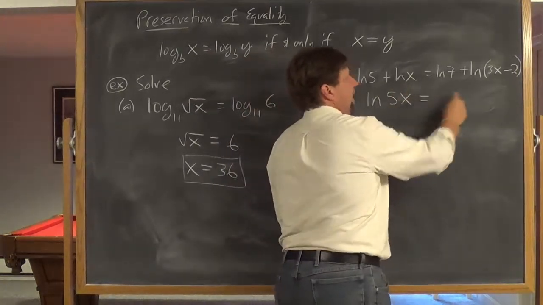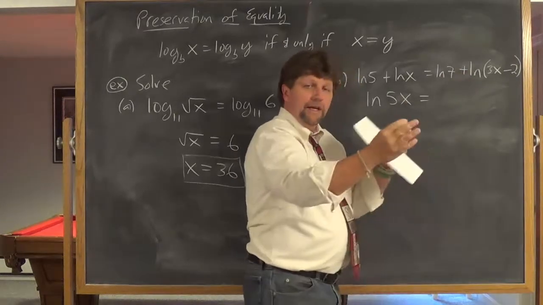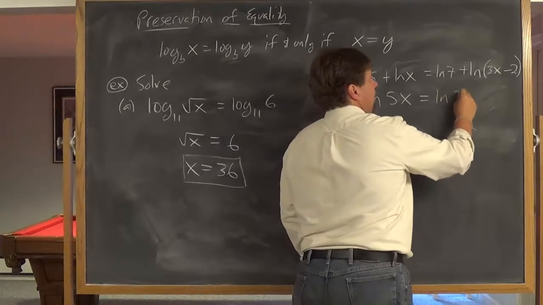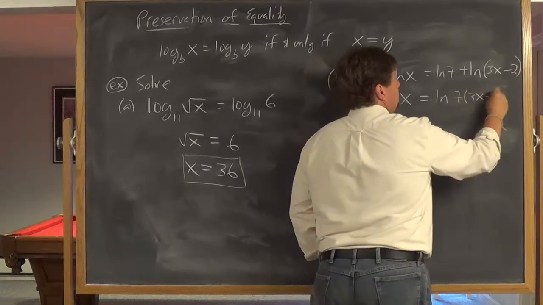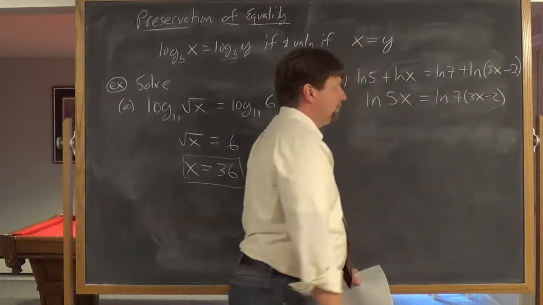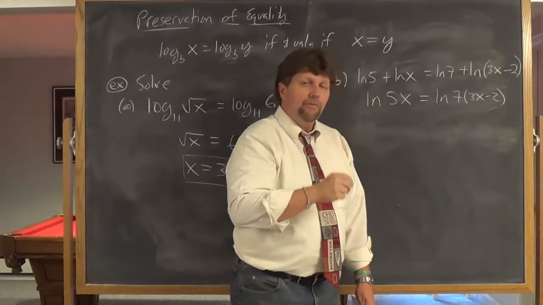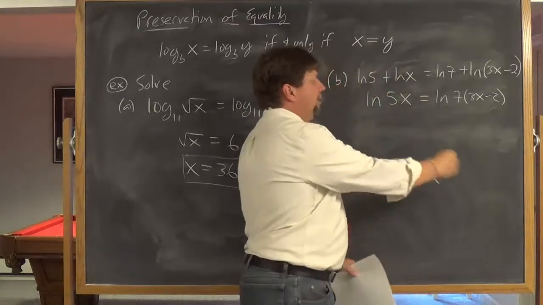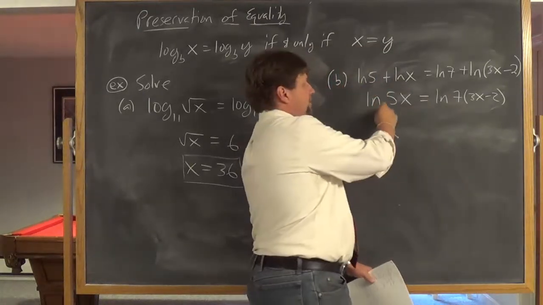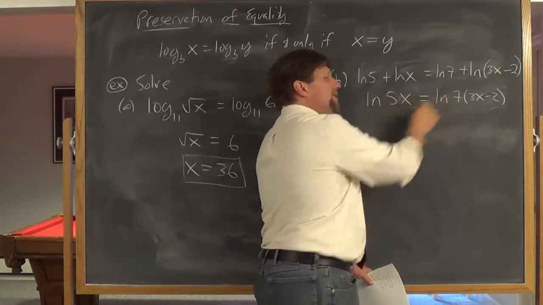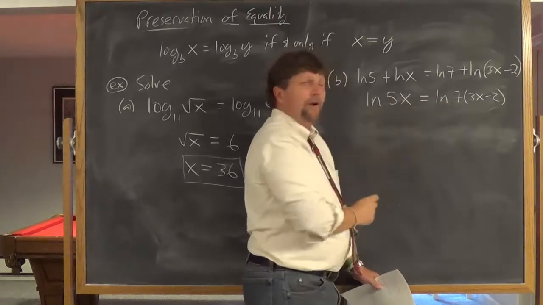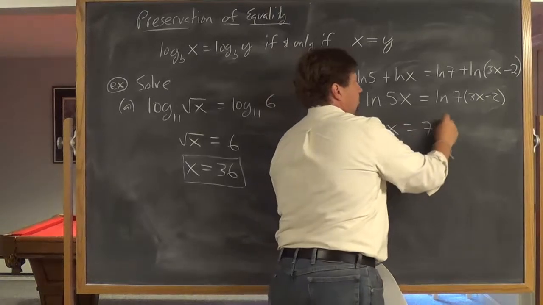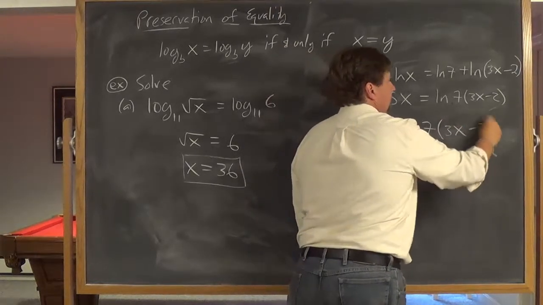Likewise, on the right side, I have an addition, so I could condense it down to a single logarithm, and it would be the natural log of 7 times 3x minus 2. Now I have it at a point where I can use our preservation of equality. The only way this equation can be equal, because remember, natural log has a base of e, is if 5x is equal to 7 times 3x minus 2.